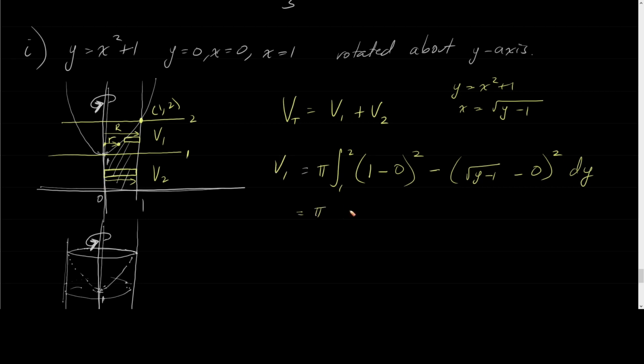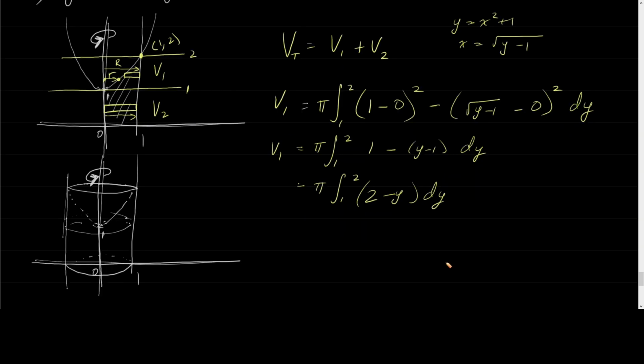This is really just saying the integral. So this is volume 1. The integral, well, pi times the integral from 1 to 2 of 1 squared, which is 1, minus the square root of y squared, which is just y minus 1 dy. So that gives me pi times the integral from 1 to 2 of 1 minus negative 1, that's 2, minus y dy, right?